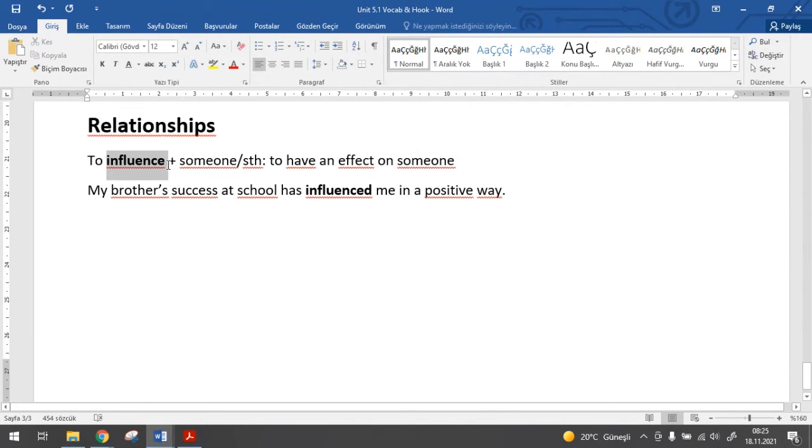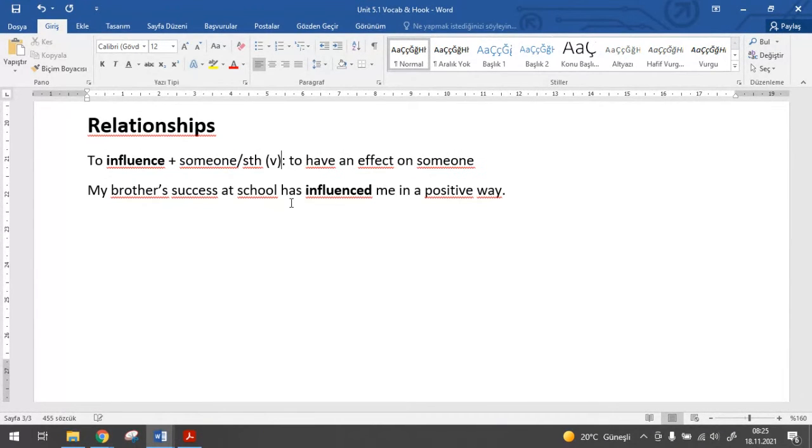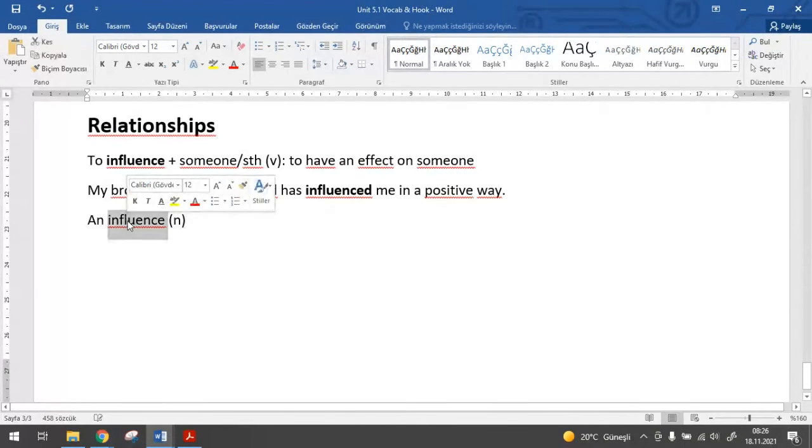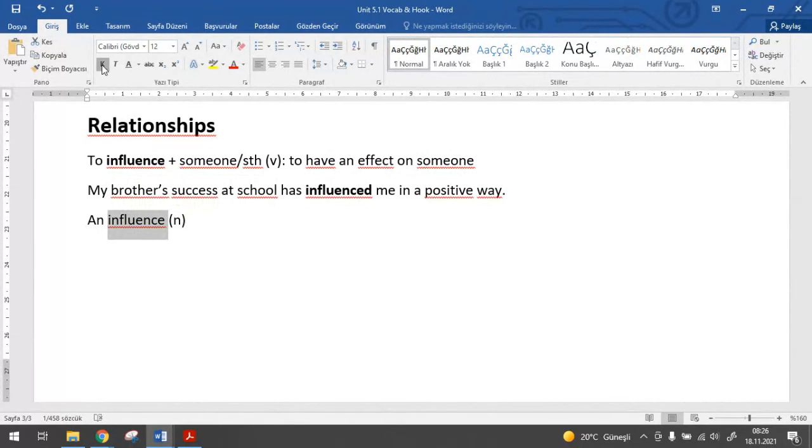The word influence can also be used as a noun. So this is the verb form, for example. But if you think about an influence, this is a noun, an effect.